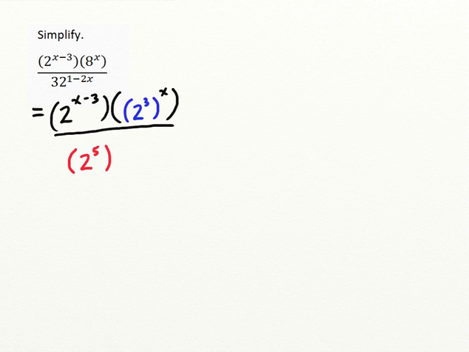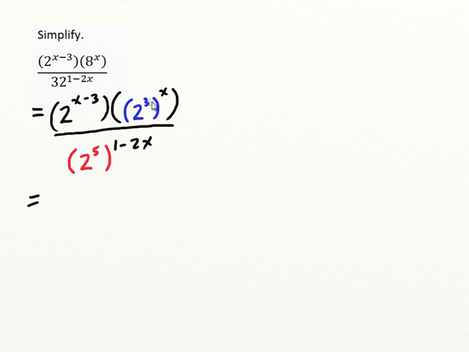And all of that is raised to the exponent 1 minus 2x. Okay, so there's our first step. In order to simplify these and combine them together, I had to make sure that the bases were identical. All right, now that we've got identical bases, now I can start using the exponent laws and hopefully combine these together and get a nice simple answer.